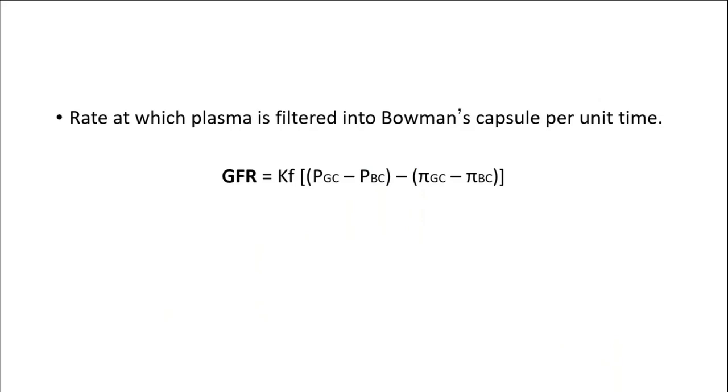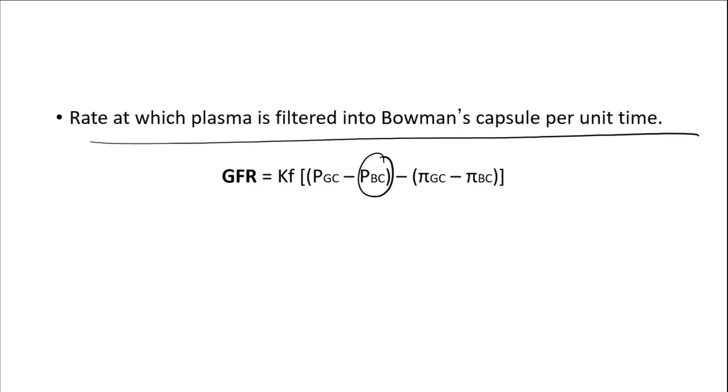So what are the factors which affect glomerular filtration rate, the rate at which the plasma is filtered into the Bowman capsule per unit time? There are different factors which play a role. So GFR is equal to hydrostatic pressure of the glomerulus minus Bowman capsule, and then oncotic pressure of the glomerulus minus Bowman capsule.